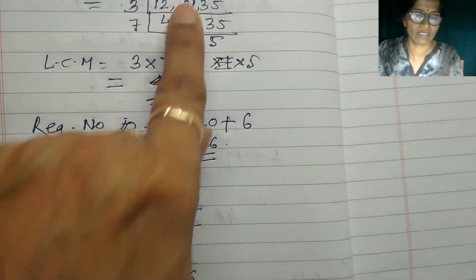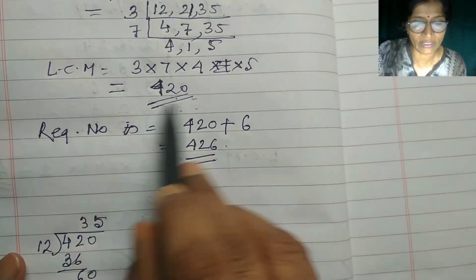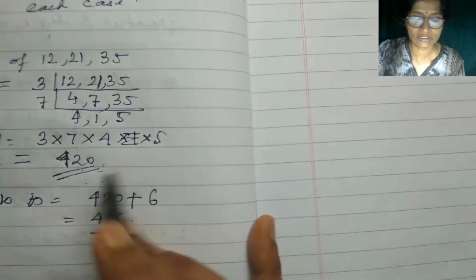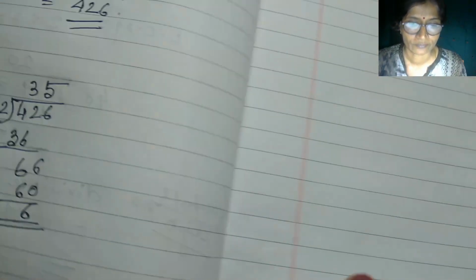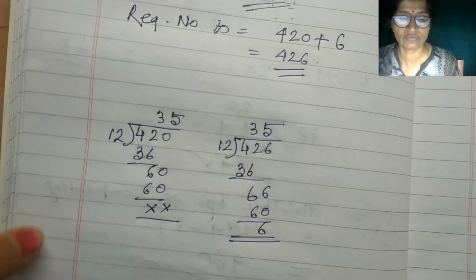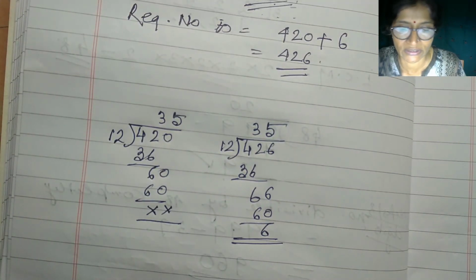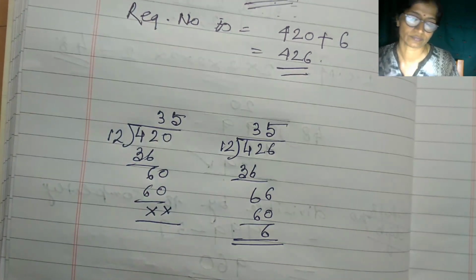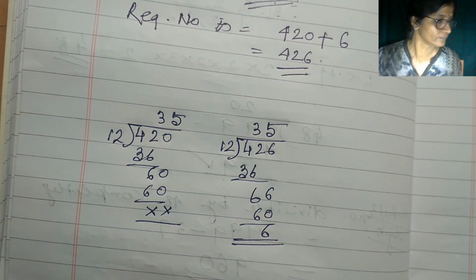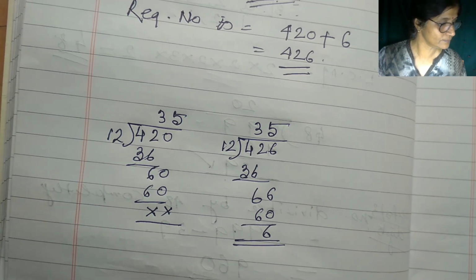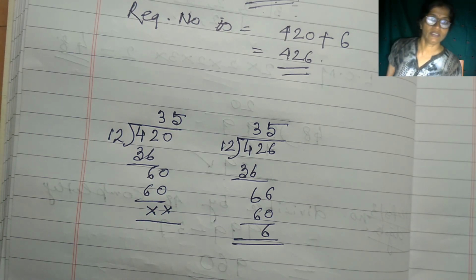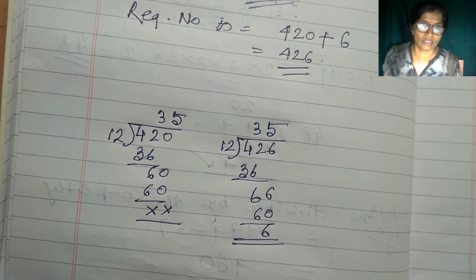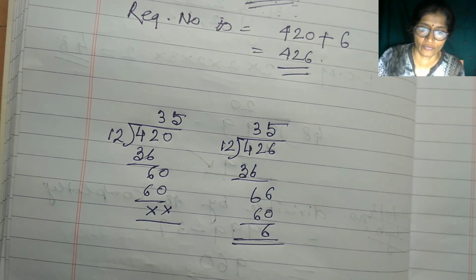The same thing happens when I divide it by 21. 420 will be divisible because it is the lowest common multiple. But 426, when I divide it by 21, will leave the remainder 6. So whenever you have to do the sum that, when divided by these, leaves the remainder 6 in each case, then you have to use this method. So till here today, I think it's clear. You will do a few sums from this part.